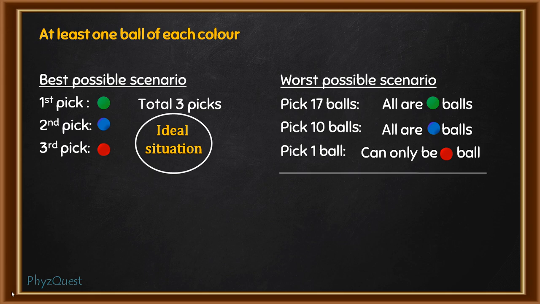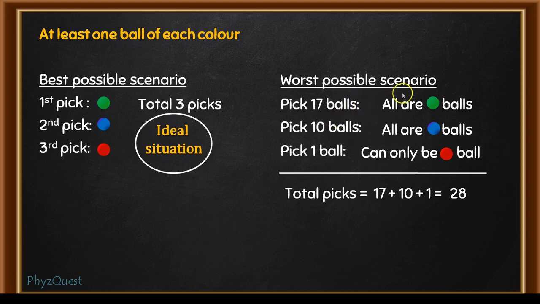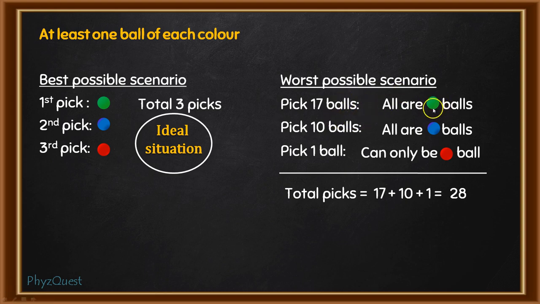In this scenario, the total number of picks is 17 plus 10 plus 1, which is equal to 28 balls. Since green balls have the highest probability, in the worst possible scenario they have the highest possibility to come out first, then the blue color ball, and the lowest probability, the red color ball, will come out last.